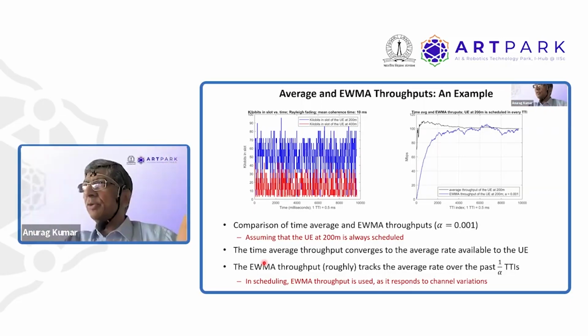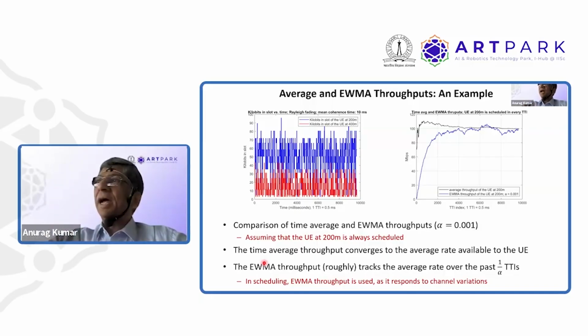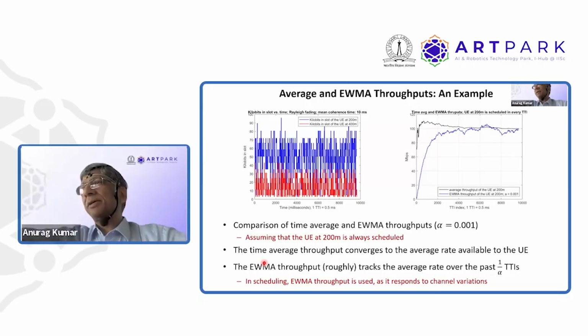Just imagine how you would do it if you did not know EWMA. You'd keep a register of 1,000 slots, and the register has to be constantly refreshed. You have to shift left and add one more piece of data, shift left, add one more piece of data. Very heavy in practice. Imagine keeping hundreds of registers in your base station for 100 UEs.